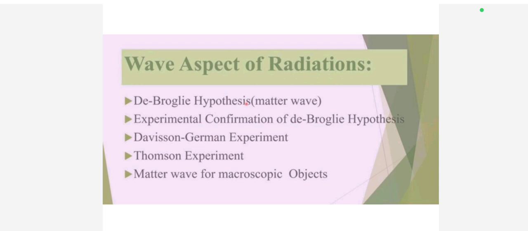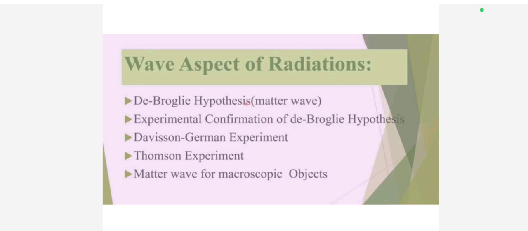The Davisson-Germer experiment shows that matter behaves wave-like, and with the help of the scientist Compton and the Compton effect, also the Nobel Prize in Physics 1927, established the wave-particle duality nature. And then is the Thomson experiment.